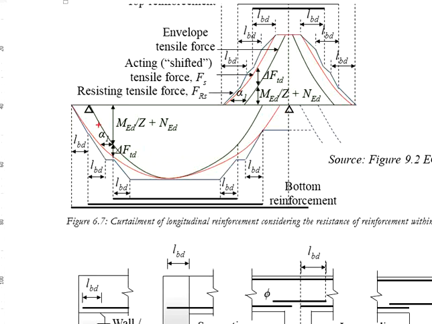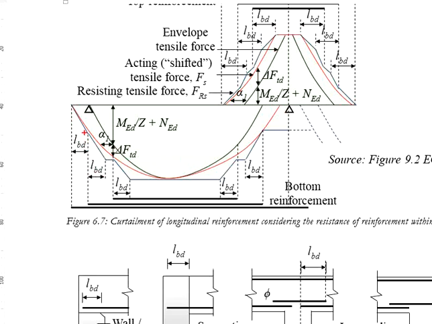Instead, you can start from the end of the shifted tensile force diagram. But you need to make sure that the development of the stress along the anchorage length will provide the resistance always greater than the shifted curve. If the gradient of this anchorage length is greater than this gradient, then your anchorage length can start at the same point.